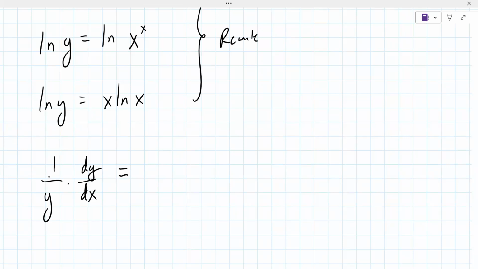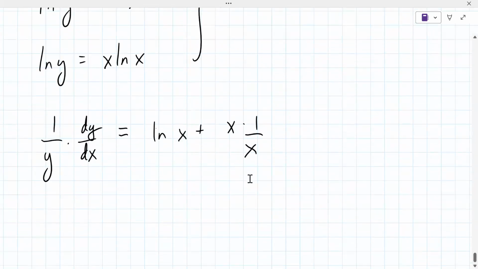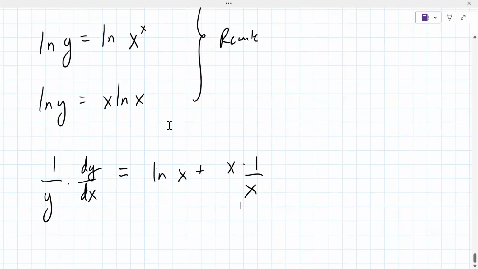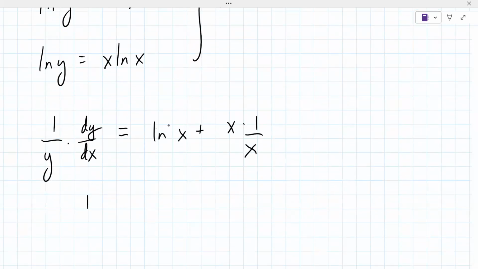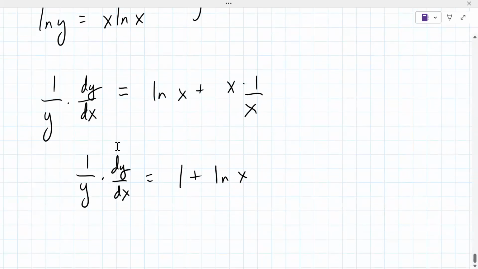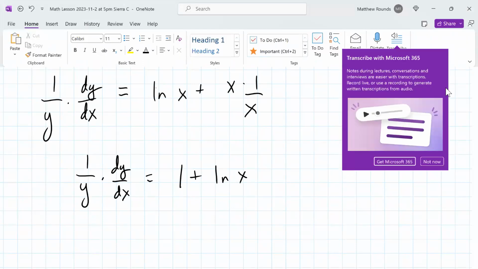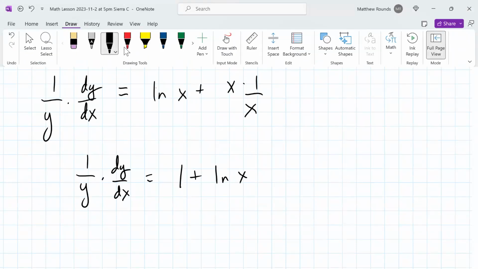So ln of x plus x over x. Does that reduce? Don't they just cancel each other out to one? Yes. So it's currently 1 over y times dy dx equals 1 plus the natural log of x. Is that okay? Yes. So to solve for dy dx, we multiply both sides by y.